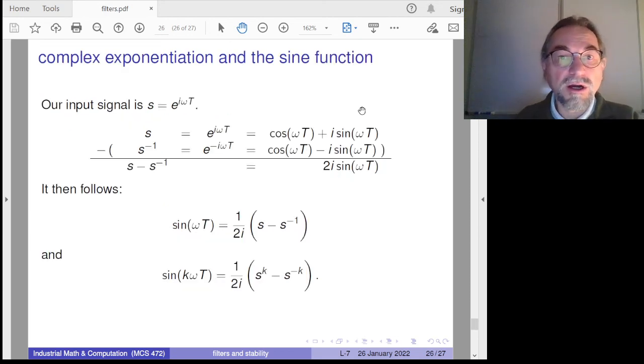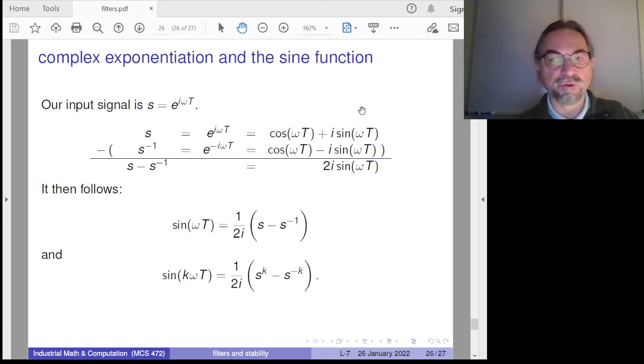Well, what is the relationship now between the sines and the complex exponentiation? Most likely you may have seen Euler's formula. This is here Euler's formula applied and combined. If we have s, then if we apply Euler's formula, we can write this as a complex number.